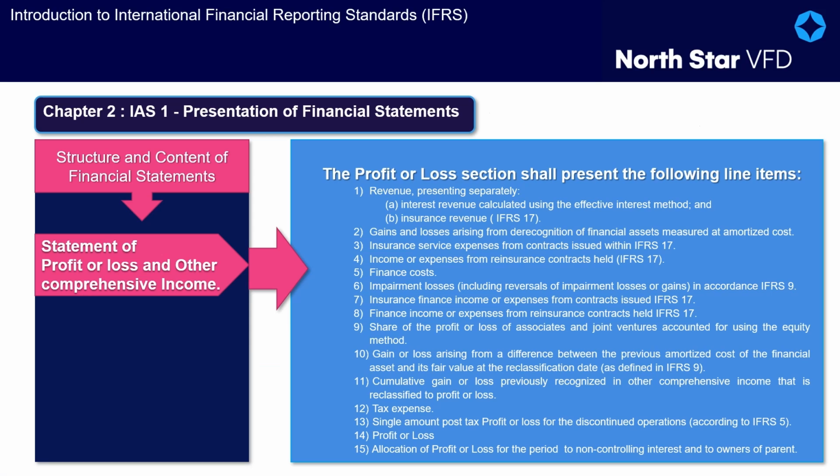or loss, when a financial asset is reclassified out of the fair value through other comprehensive income category so that it is measured at fair value through profit or loss. 12. Tax expense. 13.